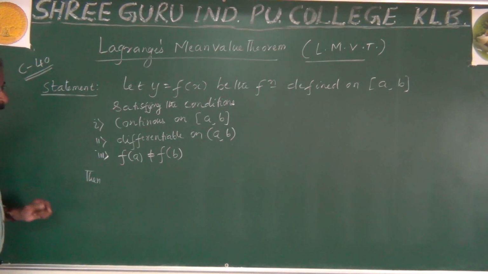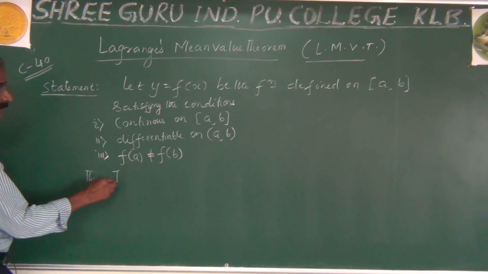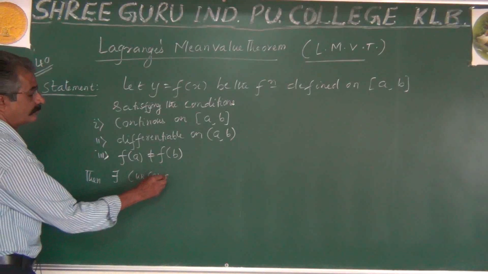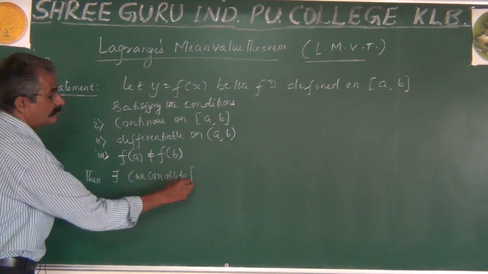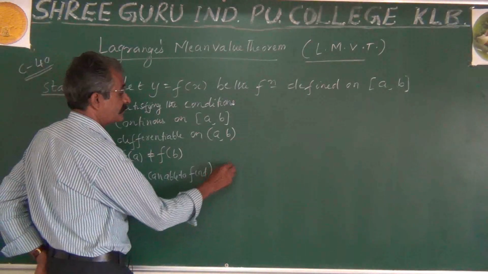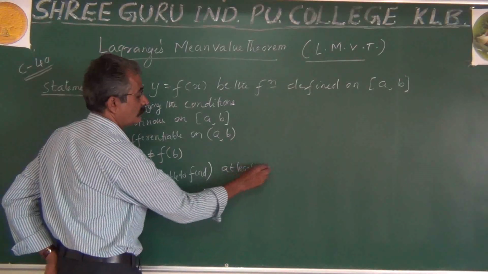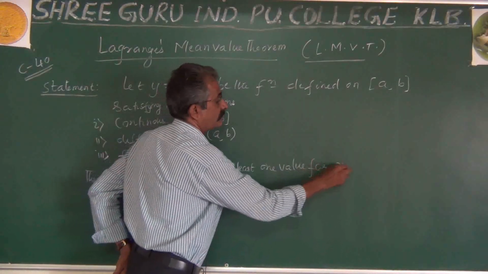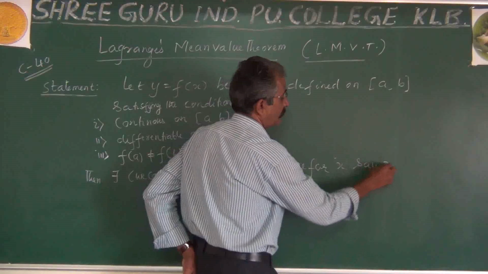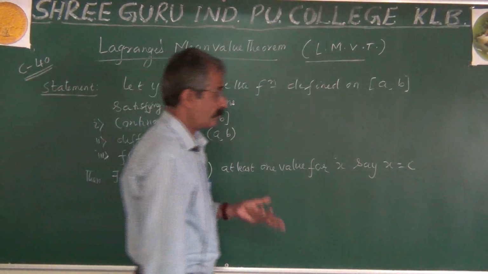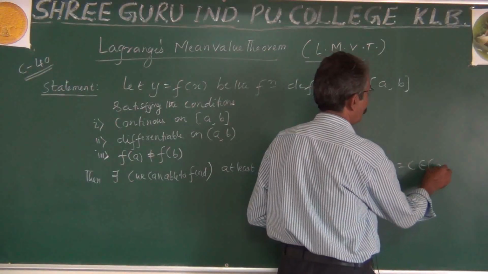Only when these conditions are satisfied, then there exists, meaning we are able to find, at least one value for x, say x equal to c, and like in Rolle's theorem, here also c belongs to the open interval a, b.